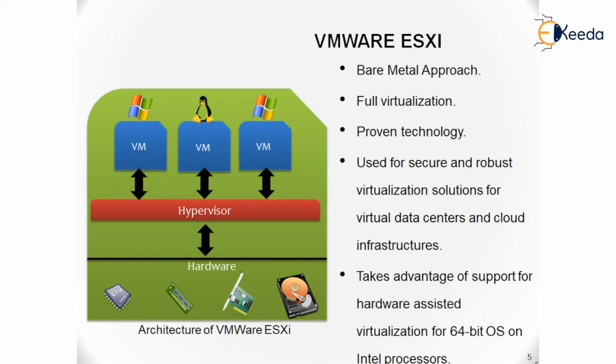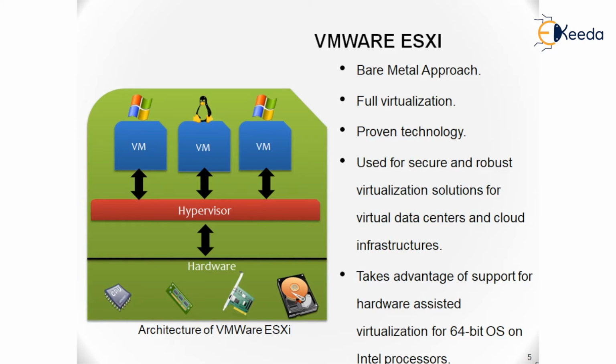As you can see in this picture, this is the architecture of VMware ESXi, which is one of the bare metal kinds of hypervisor. That hypervisor directly deals with resources like the CPU, memory, network interface card, or your hard drives, and on that they install a number of operating systems which you want to launch or install virtually.